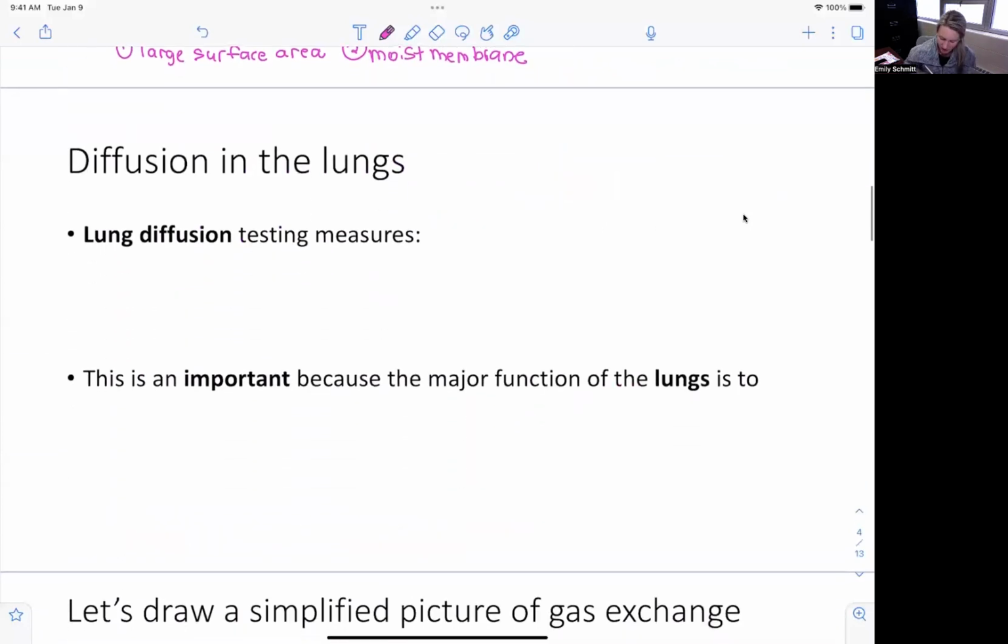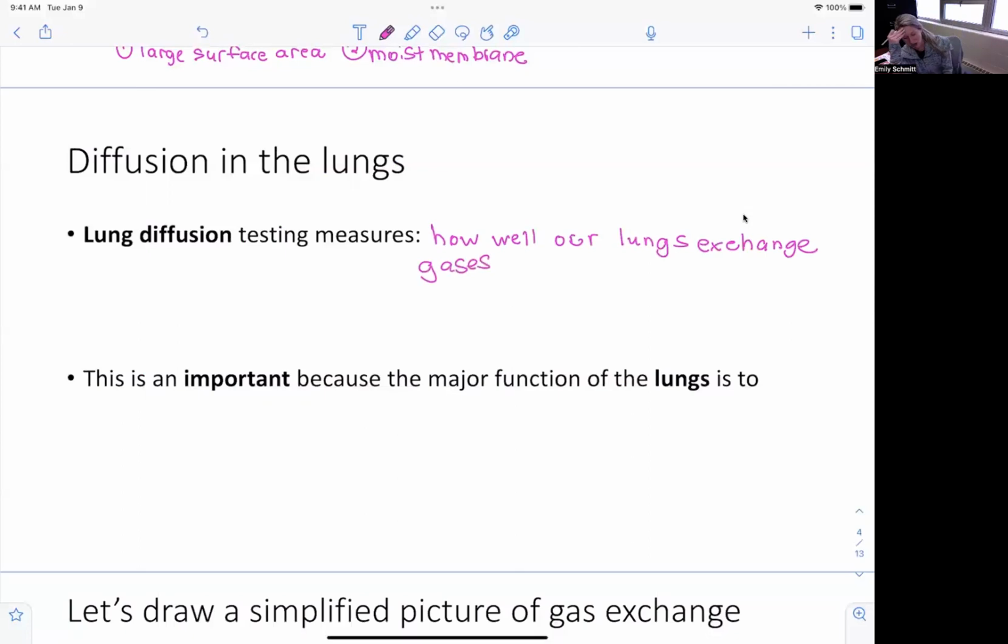So diffusion in the lungs, we've talked about diffusion testing measurements. So this is the spirometry and how well our lungs exchange gases.